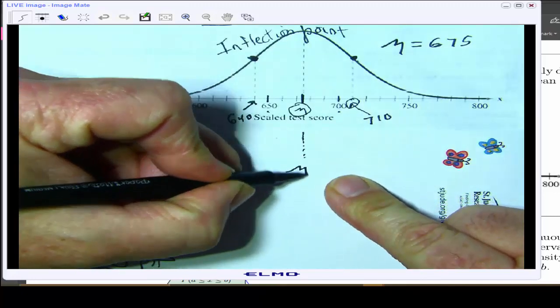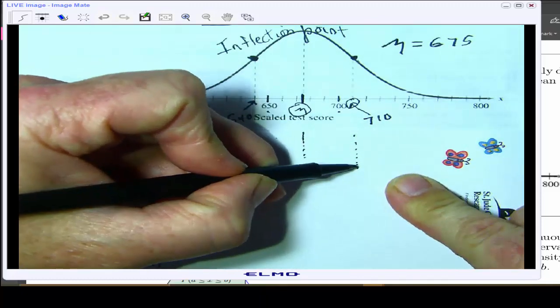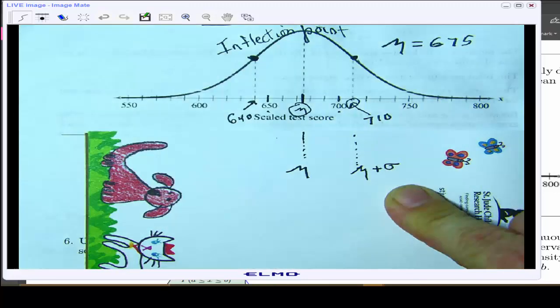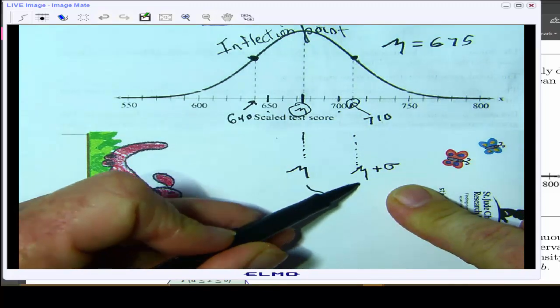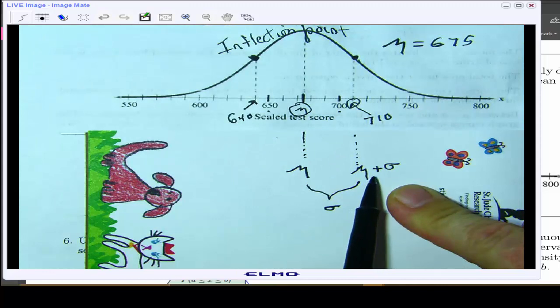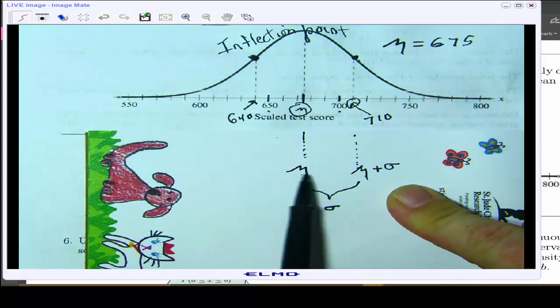So there's mu along the x-axis. There is the point mu plus sigma, which is one standard deviation above the mean. So this distance here is just sigma, right? The difference between these two numbers is the distance between them, and that difference is sigma.